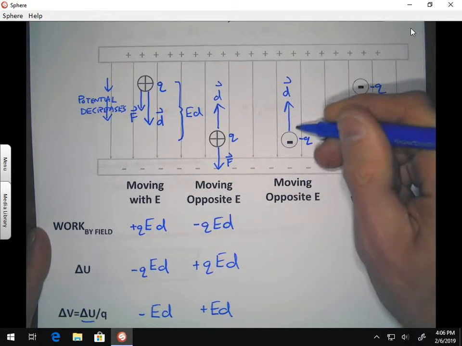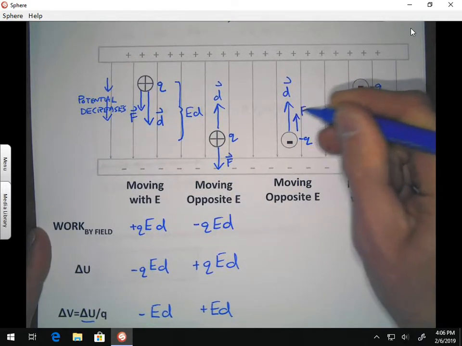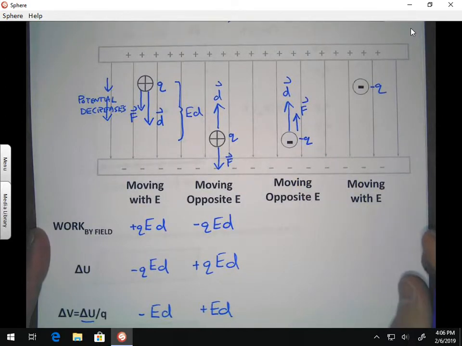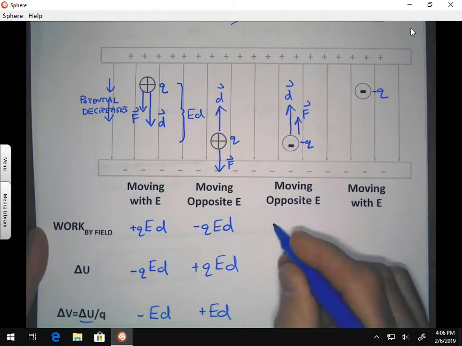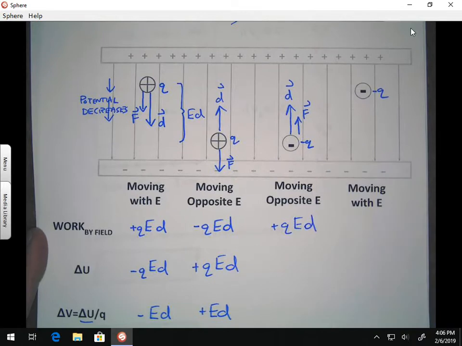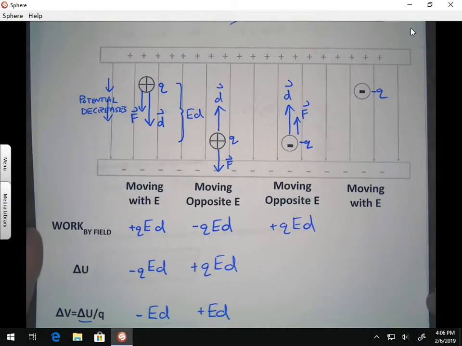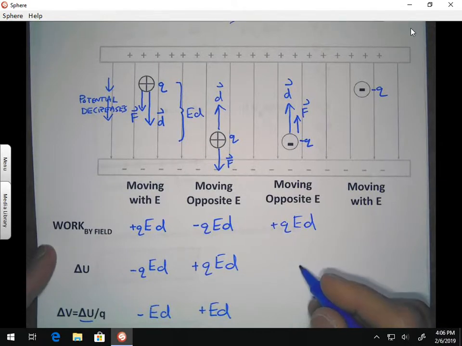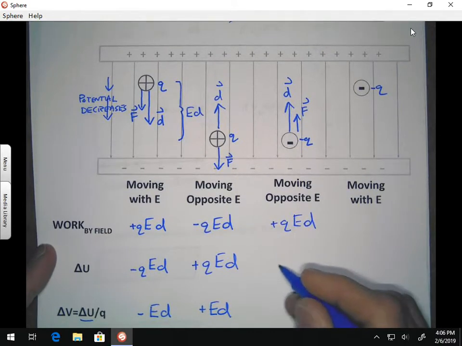But because this charge is negative, the electric field actually pushes it up. So in this particular situation, the field does positive work on that charge as you go against the field. And that means that the potential energy is going to decrease.